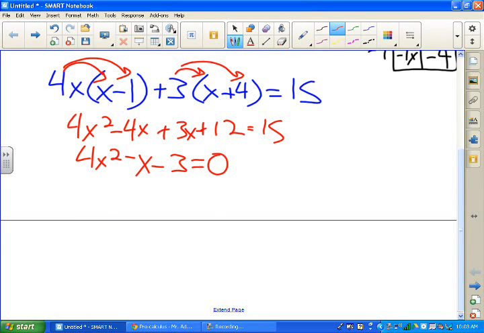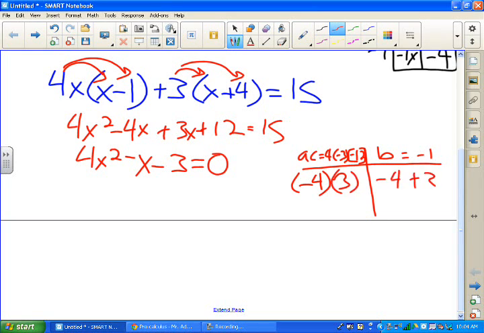To solve a quadratic equation that's set equal to 0, I could factor it, or I could solve by using the quadratic formula. The quadratic formula always works, but factoring is a little easier. You could use the AC method, which means you take the first and the last term, multiply them together, and then figure out what two numbers multiply to get that, but when added, give the B term.